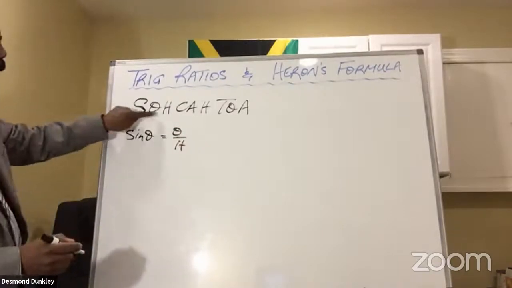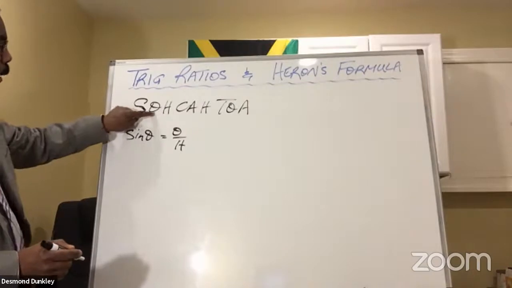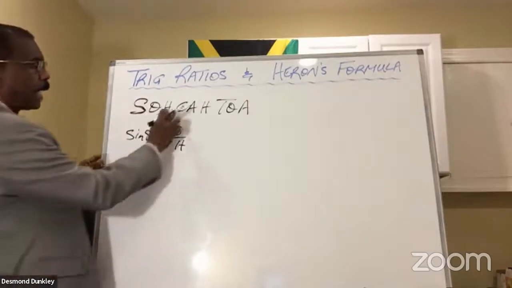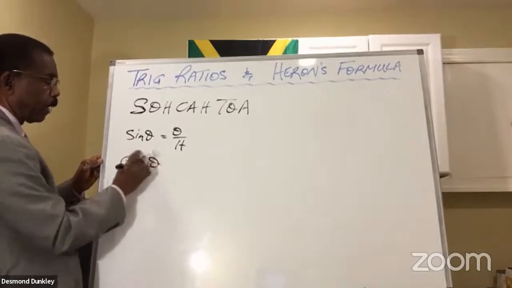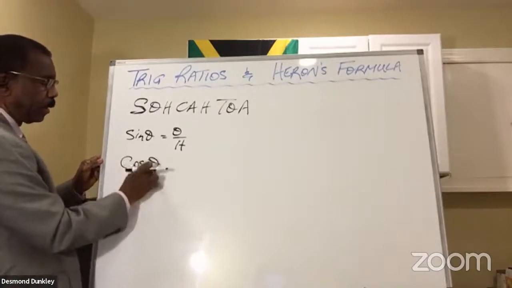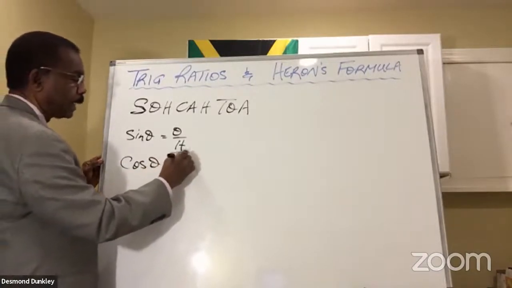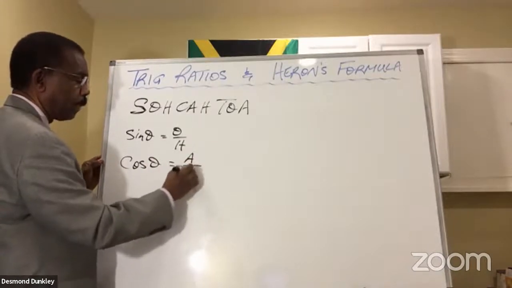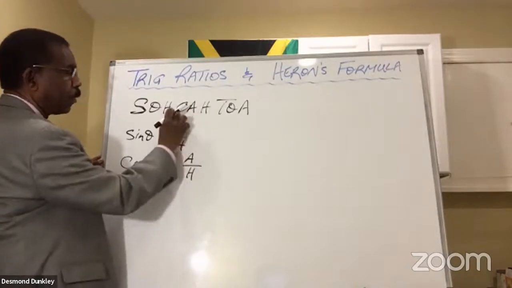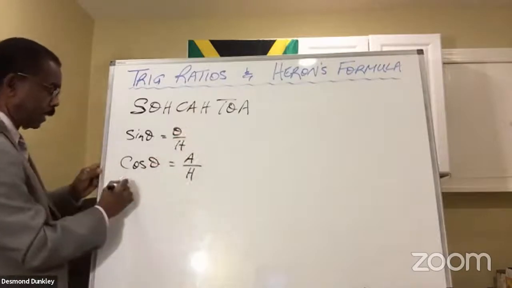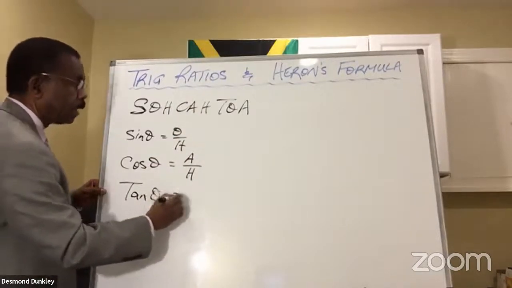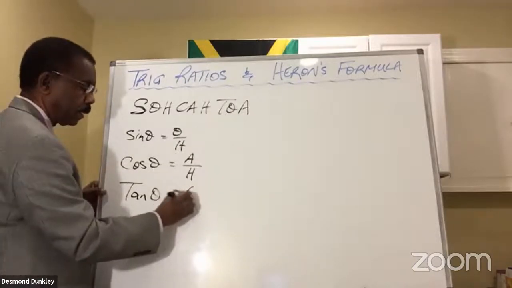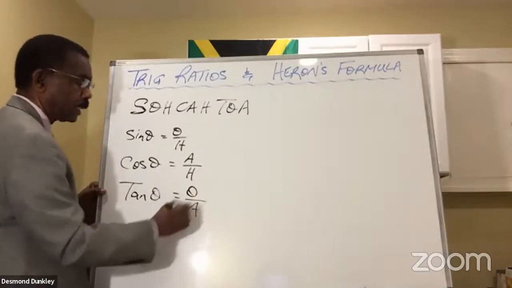If you look at SOH, sine is opposite over hypotenuse. Cosine of theta, where theta is your angle, is equal to adjacent over hypotenuse. Cosine, adjacent over hypotenuse, and tangent of theta is equal to the opposite over the adjacent.